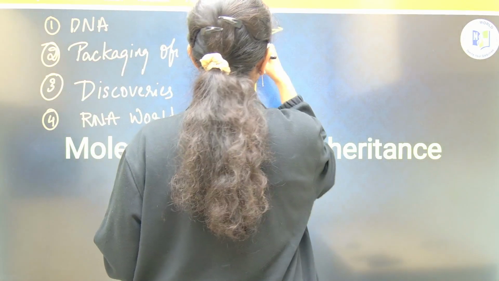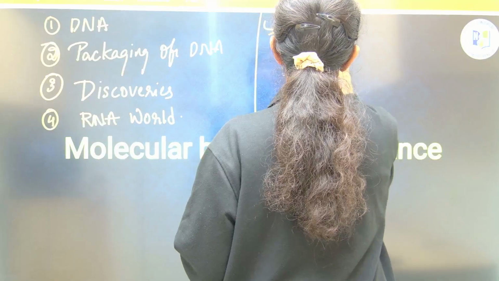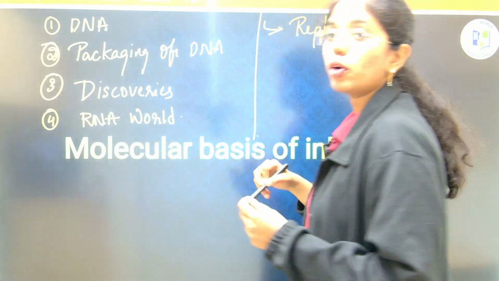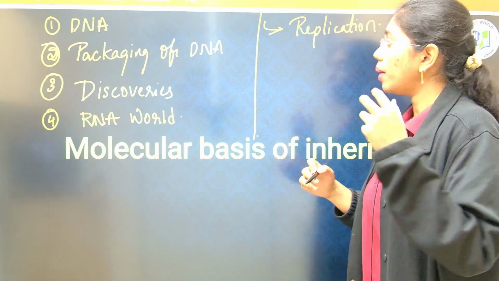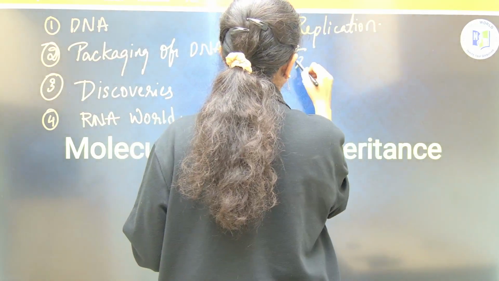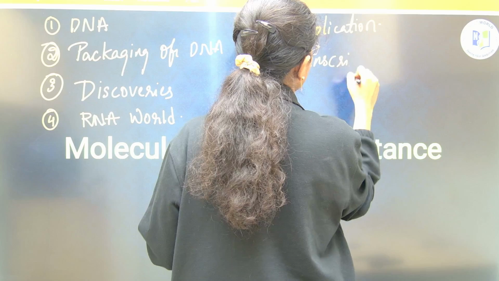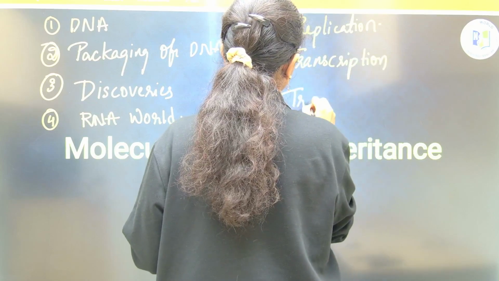After the RNA world, we'll be learning about replication, where we have to learn the experimental proof for the semi-conservative method of DNA replication, that is Meselson and Stahl's experiment, followed by transcription and translation.